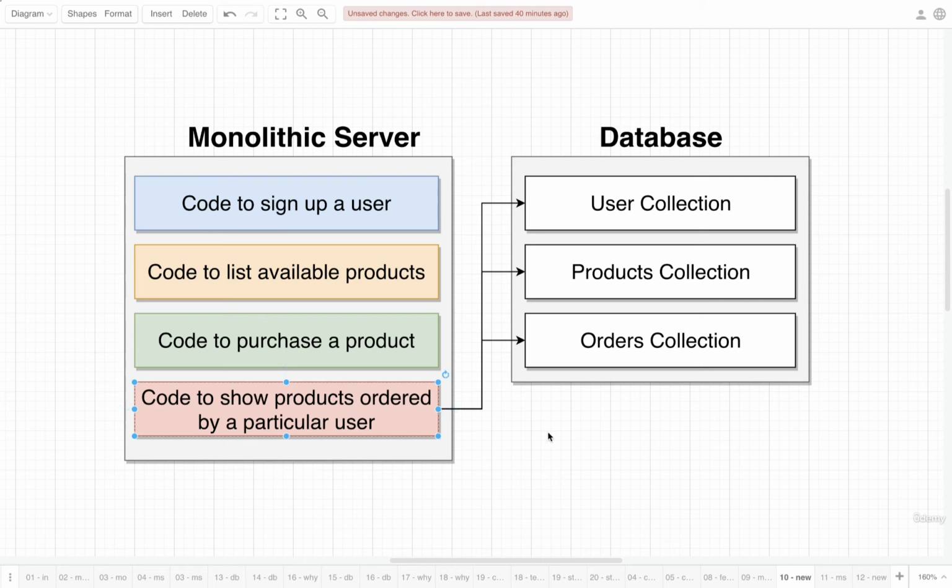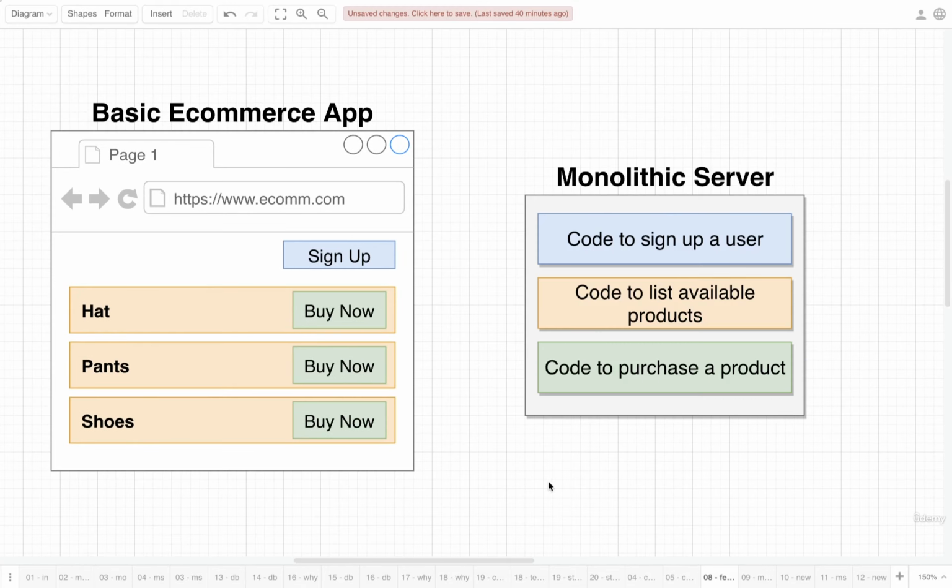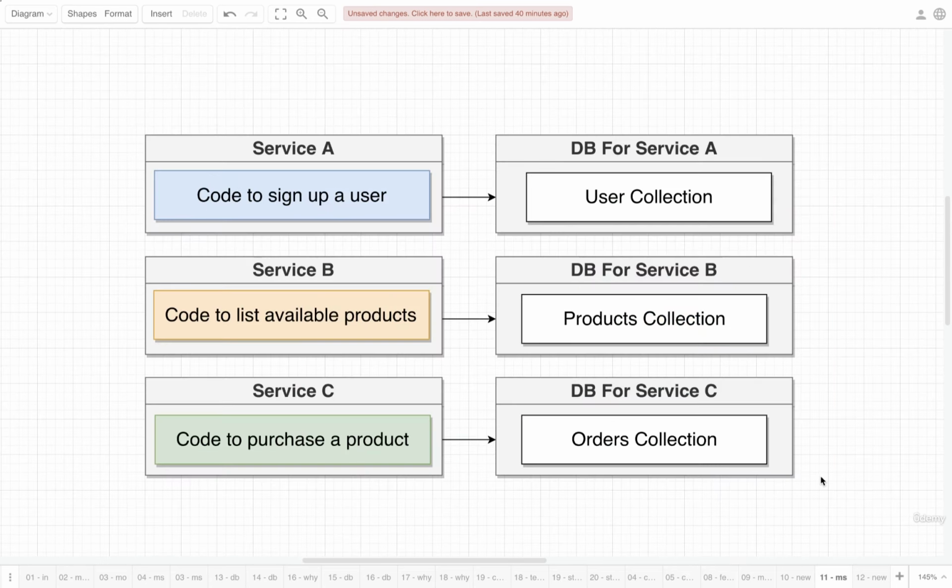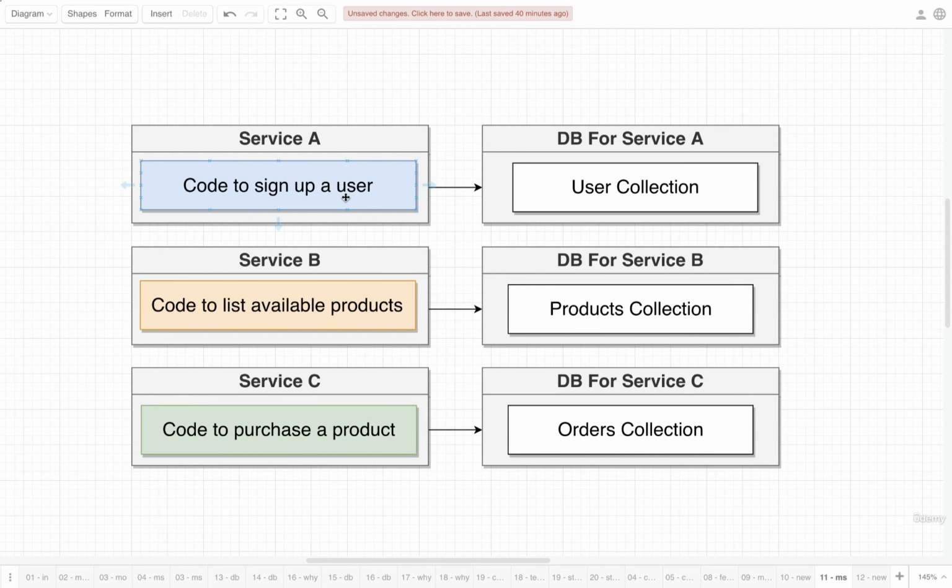No issue whatsoever. Okay, so let's now take this simple e-commerce application, but drop off that last feature. How would we split this monolithic server into three separate microservices? It might look something like this. We've got service A that would have some code inside of it to sign up a user.